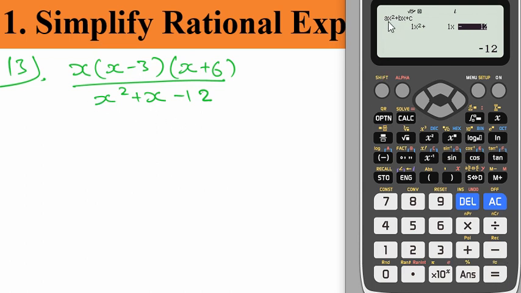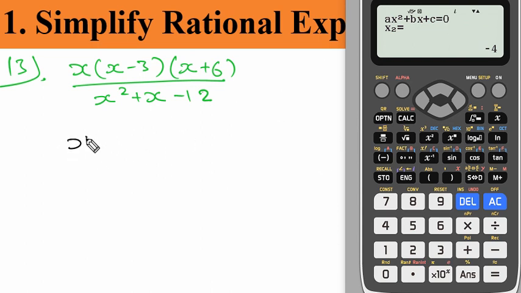If you compare here, a is nothing but 1. When nothing is there, then 1. Bx, so b is also 1, plus c is negative 12 here, so I just put negative 12. Press equal, x1 equals 3, x2 equals minus 4. So these are your solutions. Okay, remember that these are your solutions.